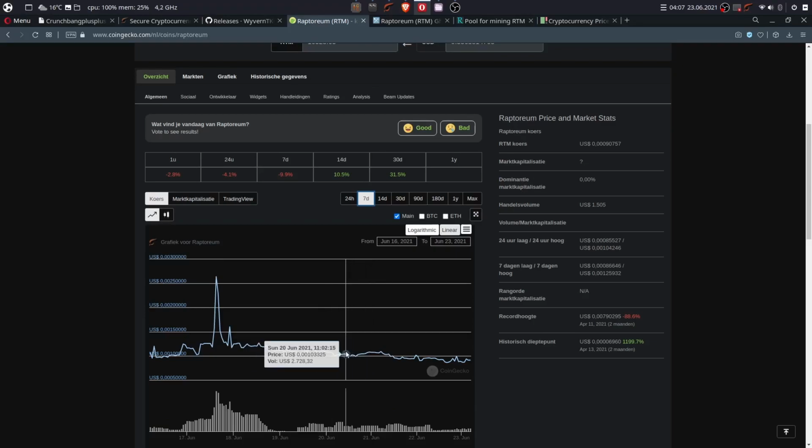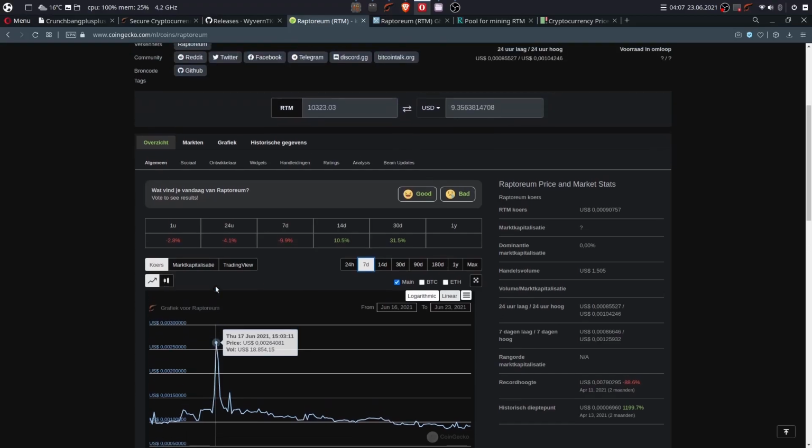Price was around 0.1 of a single cent most of the time, but we had an interesting spike up to 0.26 of a single cent, which is over double the price.